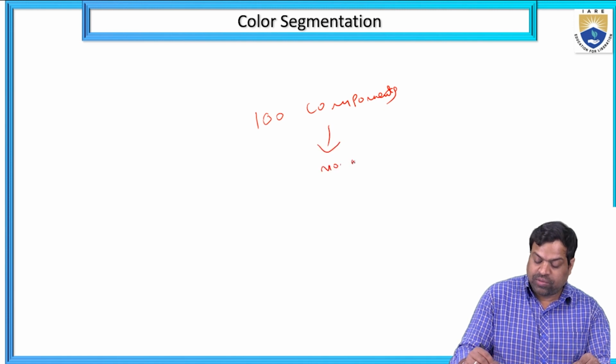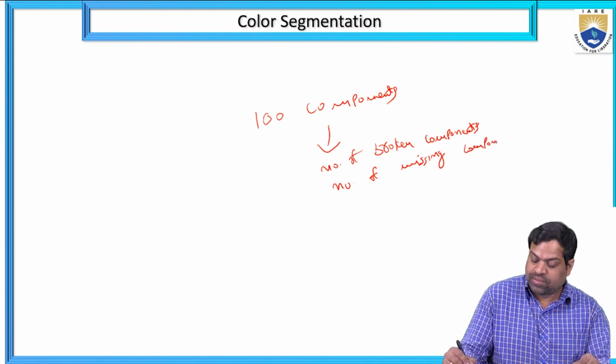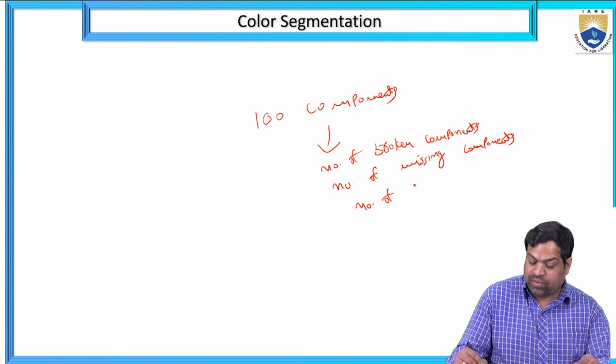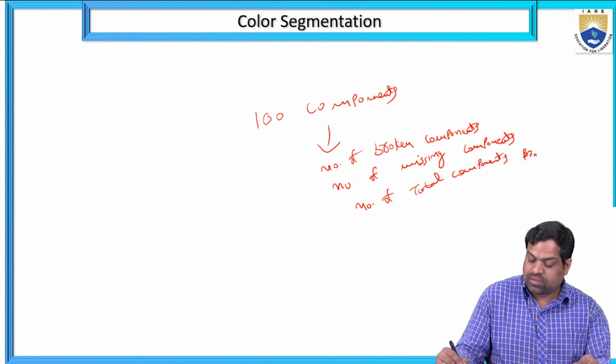The number of missing components, and the total number present.